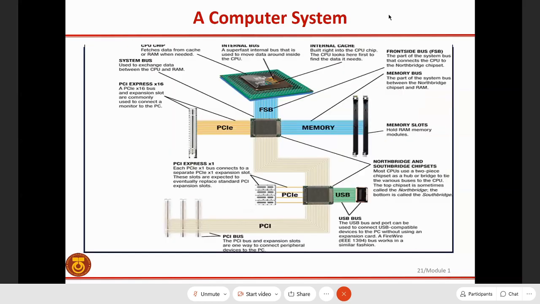It's quite interesting. Okay, this is a complex CPU. You can see there's a PCIe bus that is quite common right now, where PCIe is a bus expansion slot that you use to connect the CPU to many other peripherals outside.